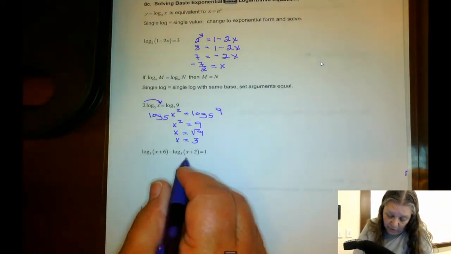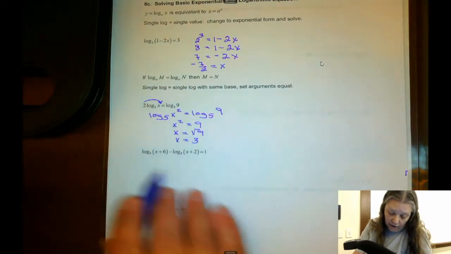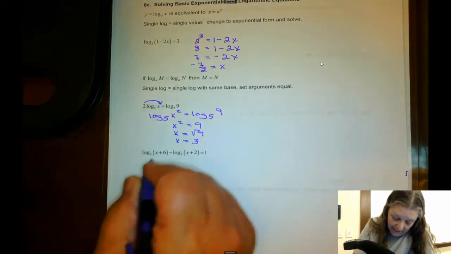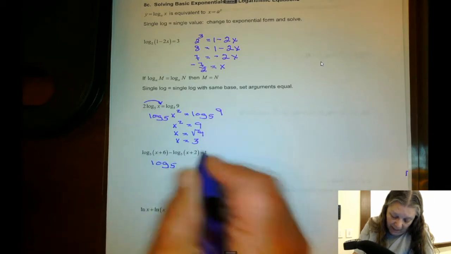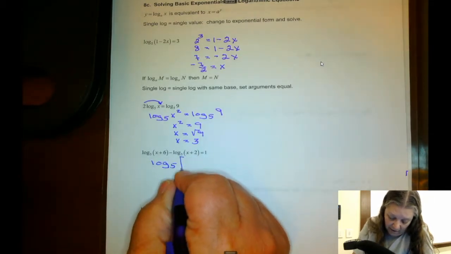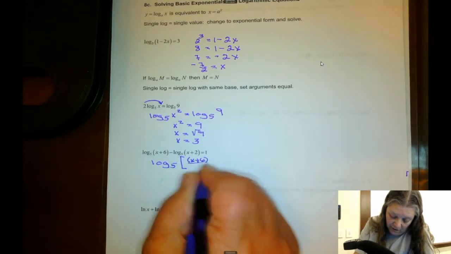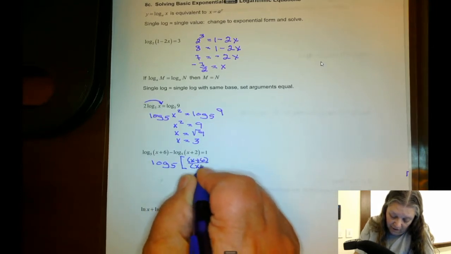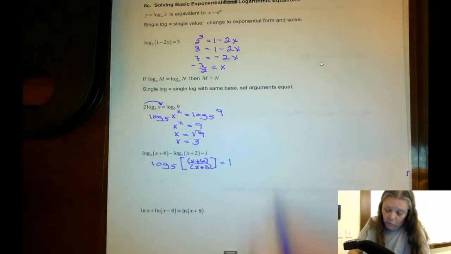Okay, for this one, for either of these cases, we need a single log. So we have to get this as a single log. So it becomes log base 5 of x plus 6 over x plus 2 equals 1.